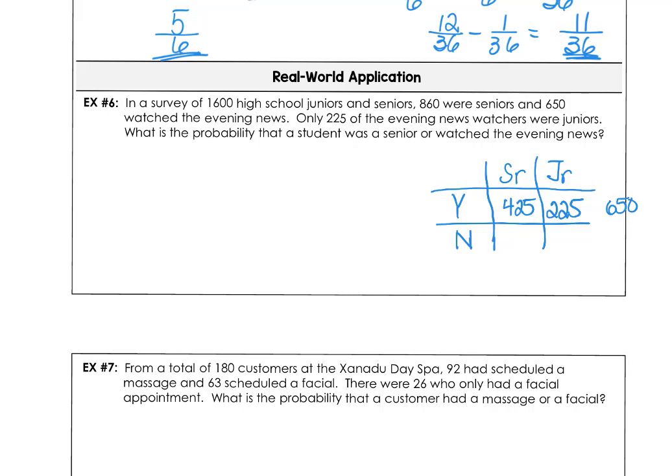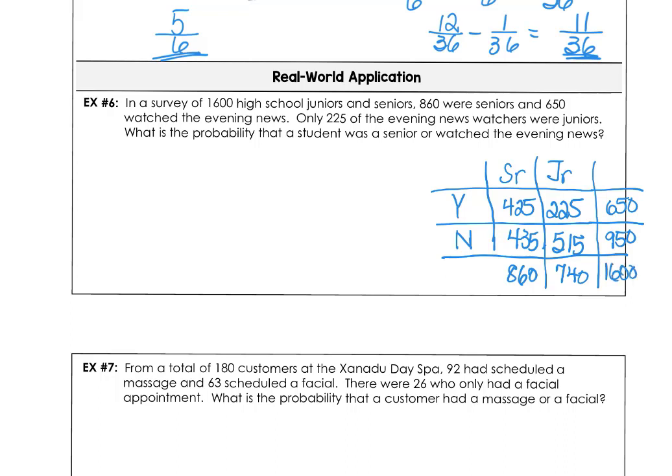And no, they weren't watching the news, so we had 435 to give us 860 total there of seniors. And that would leave 740, so this would be 515. And then this first row is 650, the second row would be 950, and that would give us the 1600 in both cases.